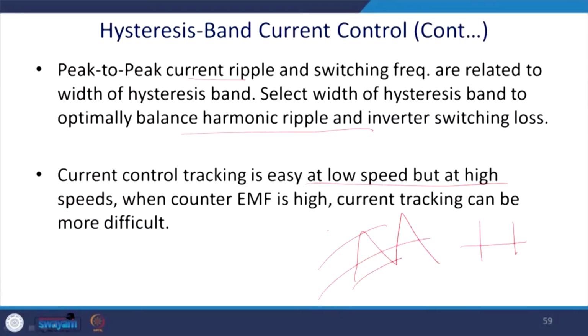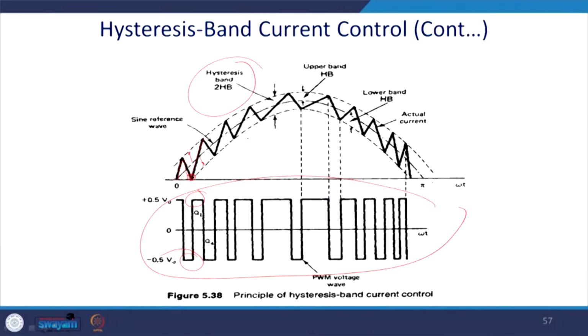When the PWM is high, the switching frequency will be high, and current tracking is more difficult because it does not get much time to operate, because once you are switching on, you have to track it. Here, since there is a peak value, the current will gradually operate. The slope is quite blunt here, and the slope at the zero crossing is quite sharp.